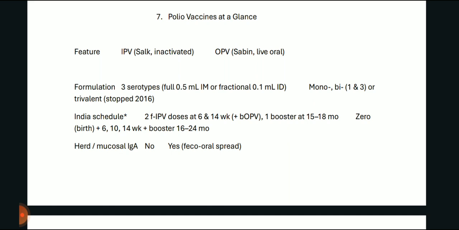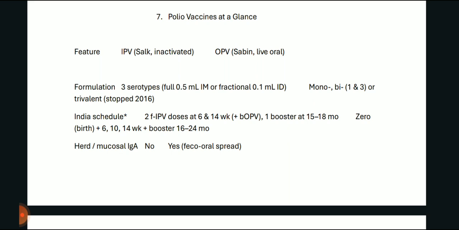Now an important part both for microbiology and PSM is polio vaccine. Features for IPV, Salk or inactivated vaccine: there are 3 serotypes, and full 0.5 ml IM or fractional 0.1 ml intradermal is given. Okay, now for OPV, which is the Sabin or live oral vaccine, monovalent, bivalent 1 and 3, or trivalent were given, but trivalent was stopped in 2016.